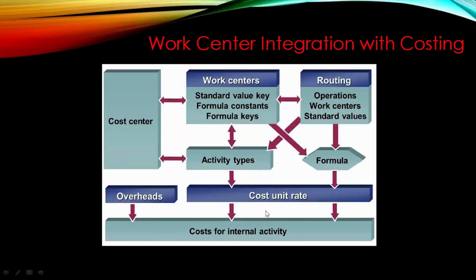The point to be noted here is you can assign one cost center to one work center. However, the same cost center can be assigned to many work centers. I repeat again, one work center can only have one cost center. However, the same cost center can be assigned to more than one work center. So that's all you need to know about the integration here.